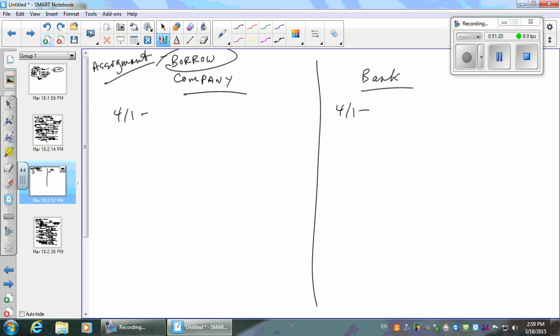Our note payable, and therefore the bank's note receivable, is going to be the full face amount of the note. Would you agree with that? It's borrowing. It's not factoring, not selling. How much is the note payable? How much we borrowed? 200 grand, was it?